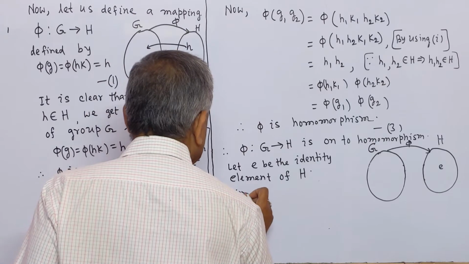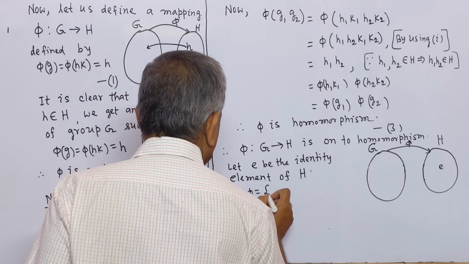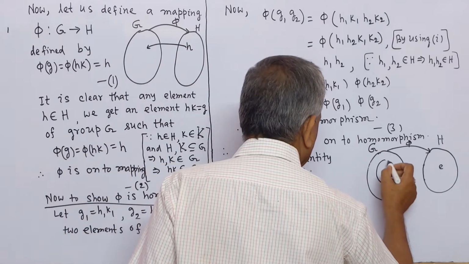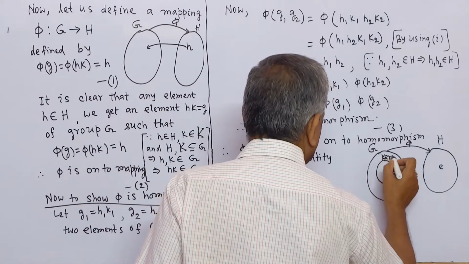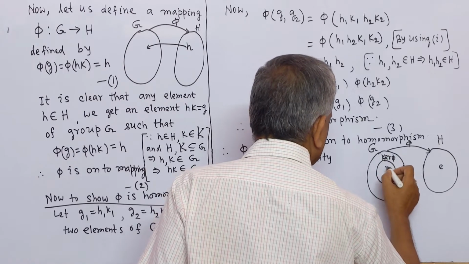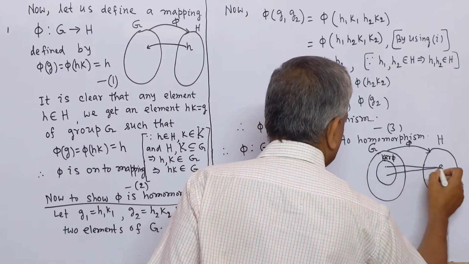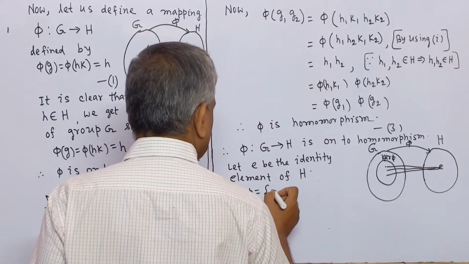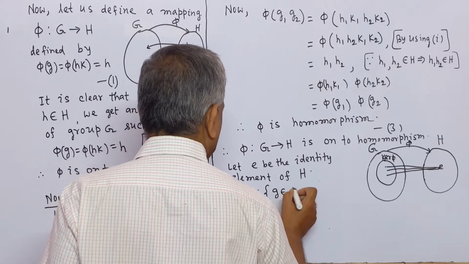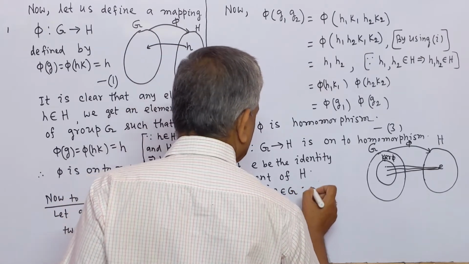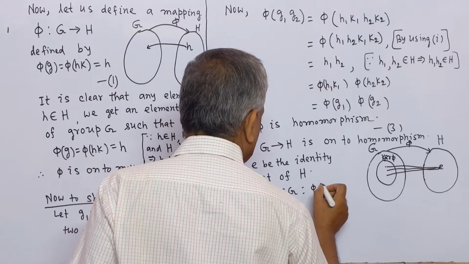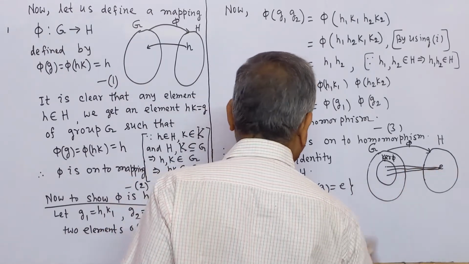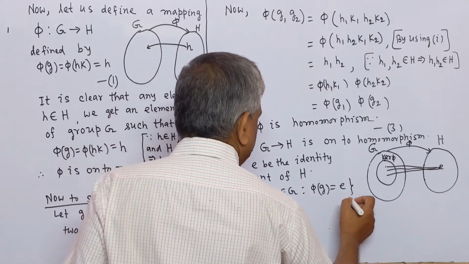Kernel of phi equals all those elements of group G whose image is the identity element of subgroup H. Let g belong to group G such that phi(g) equals the identity element of subgroup H. Let this be number 4.